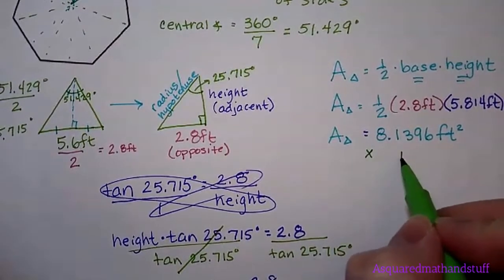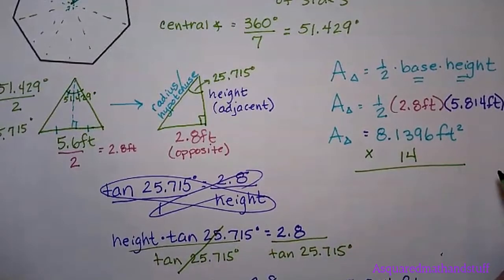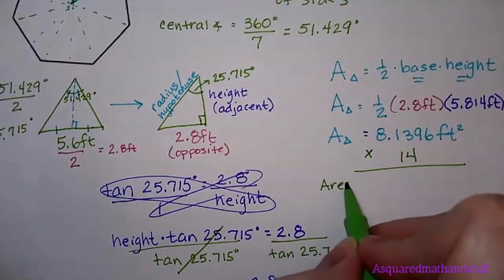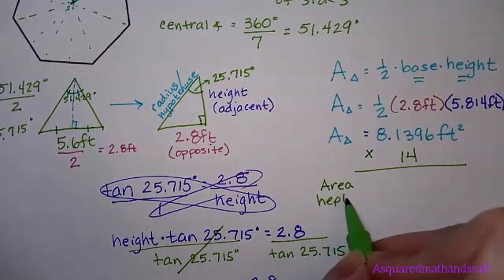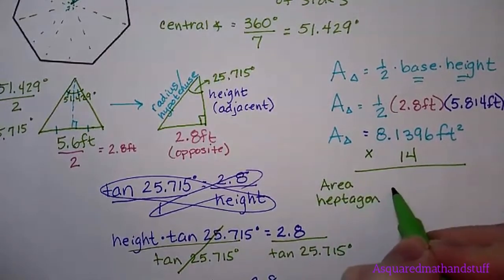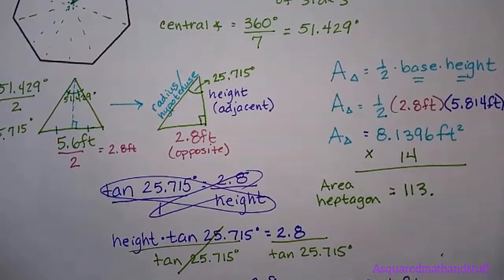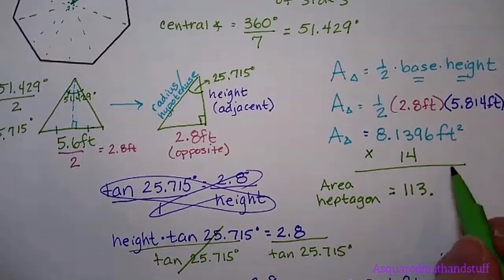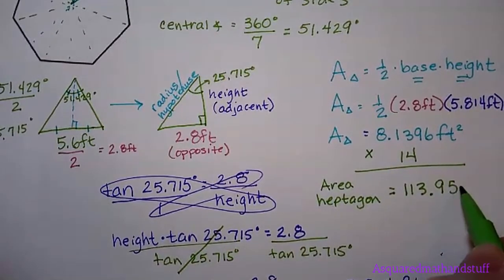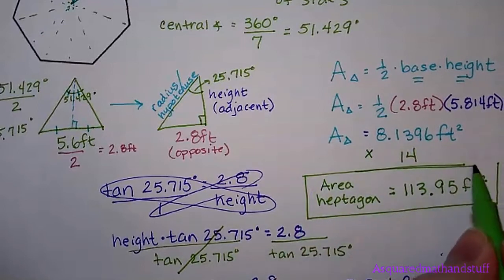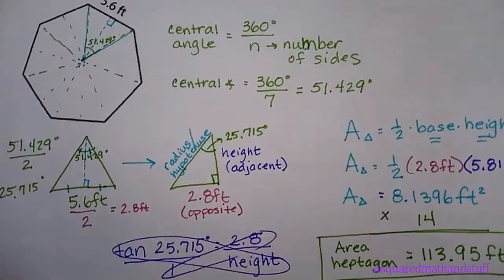Multiply this by 14, and we will get that the area of our heptagon, 7-sided figure there, is equal to 113. This is where I'm going to round to my 2 decimals because this is our final answer. 113.95 feet squared. That is the area of that heptagon right here.